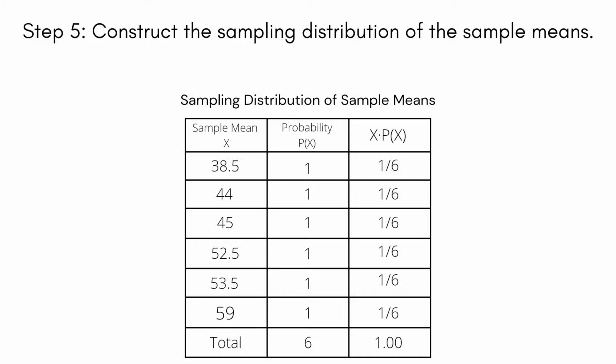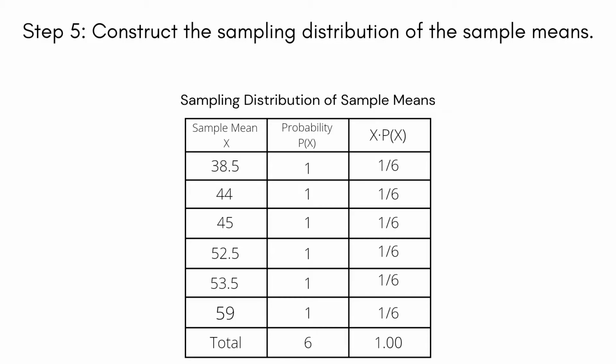In the first column, we have 38.5, 44, 45, 52.5, 53.5, and 59, which were the corresponding means we have computed earlier. Since the sample means 38.5, 44, 45, 52.5, 53.5, and 59 only occurred once, the frequency of the sample means is 1.